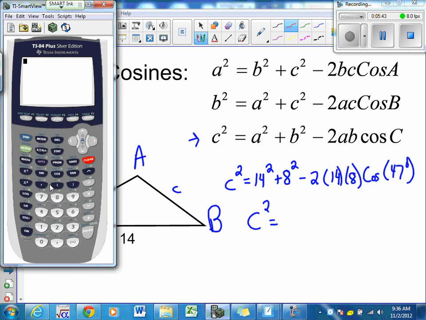I like to do this by just going straight across the calculator, just typing the whole thing in, times 14 times 8 times cosine of 47. Make sure I'm in degrees mode. I am. So I just typed it straight across, hit enter.